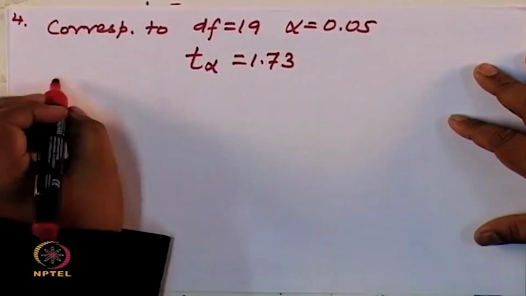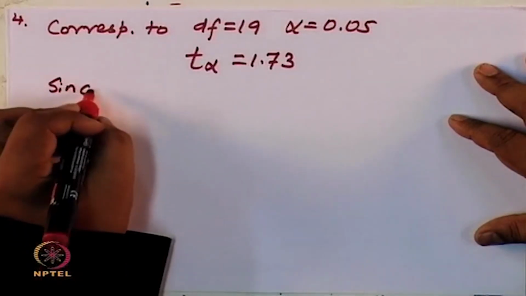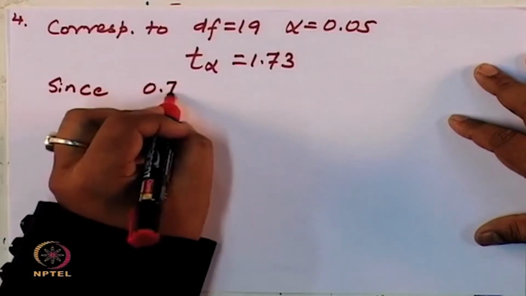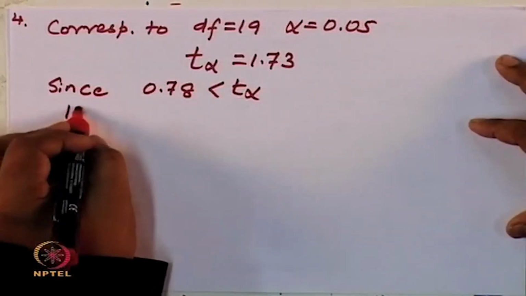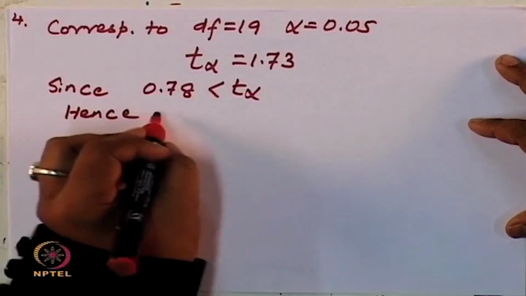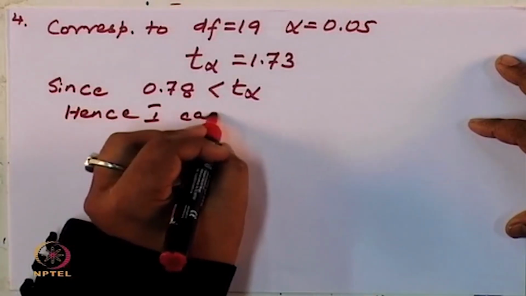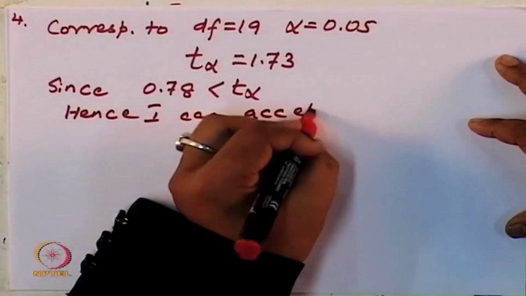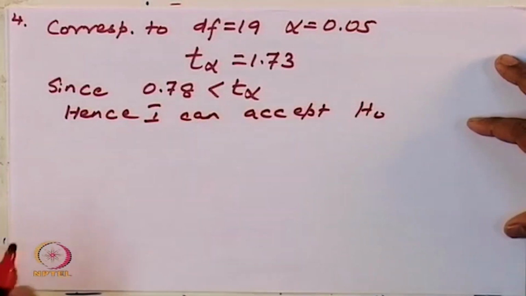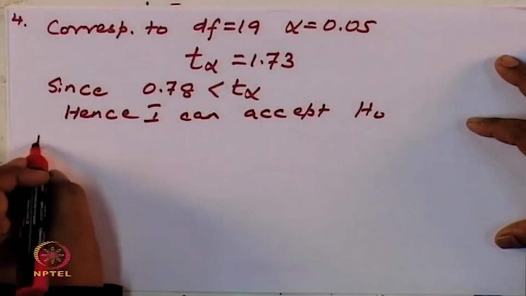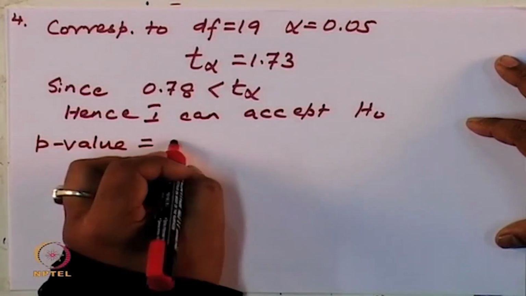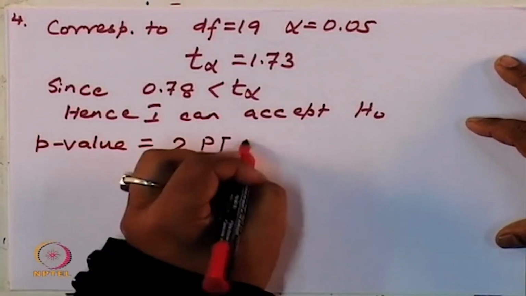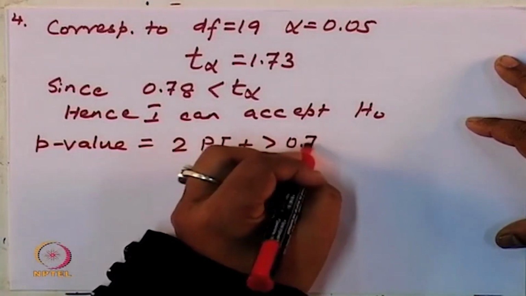Since 0.78 is less than t of alpha, I can accept H naught. For calculating the p value, I have to write it as 2 times the probability of T greater than 0.78.